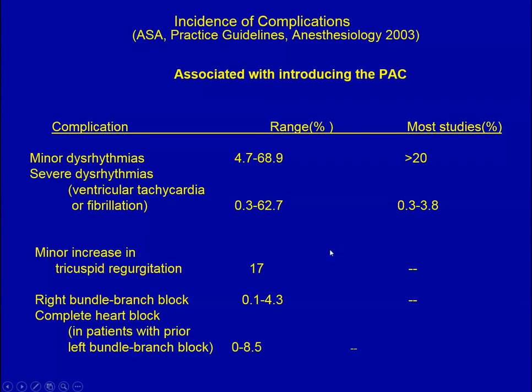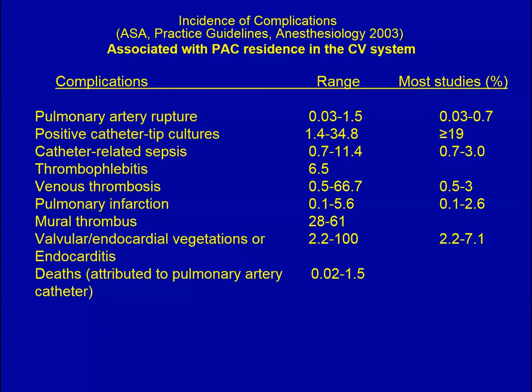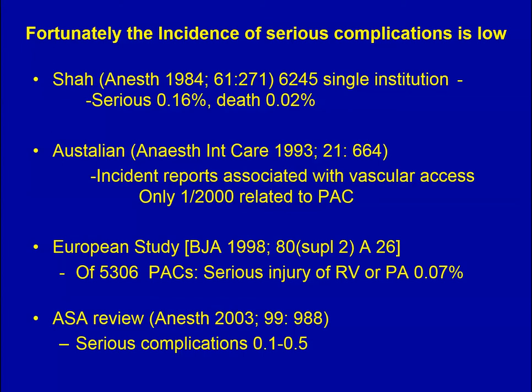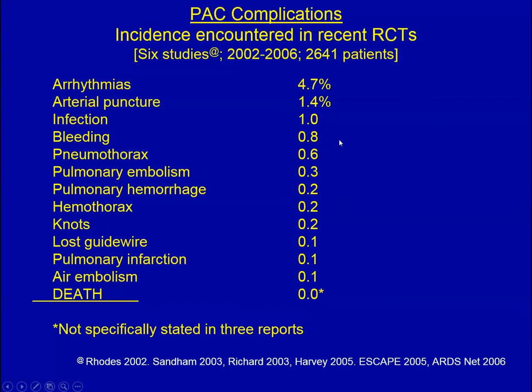This is from the ASA practice guidelines for use of pulmonary artery catheter and summarizes the complications associated with introducing pulmonary artery catheter and while it is in residence in the cardiovascular system. The good news is that the incidence of serious complications is low.